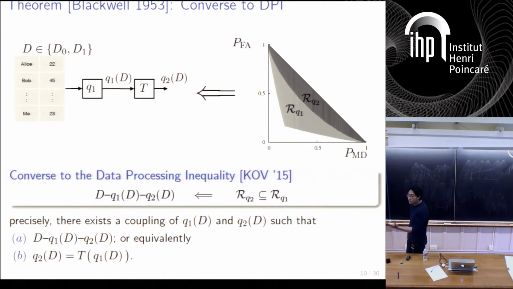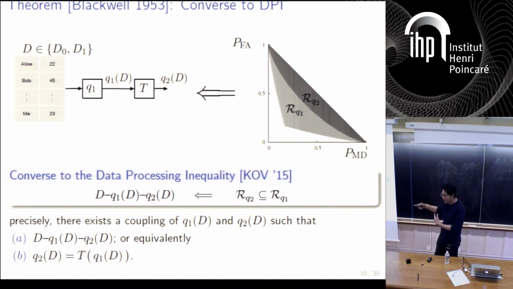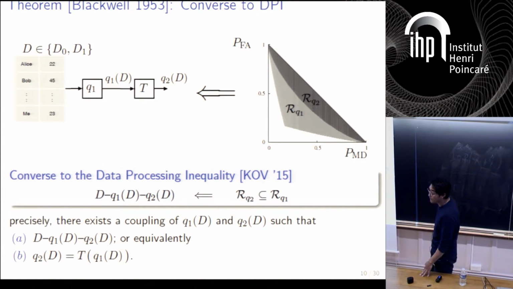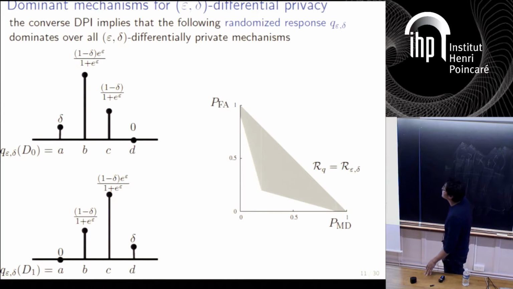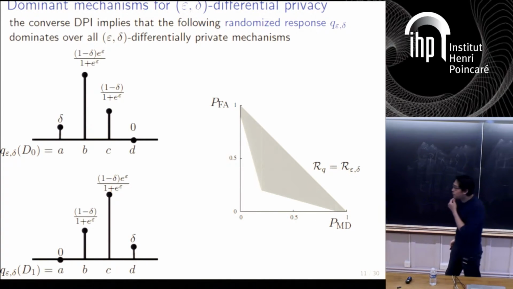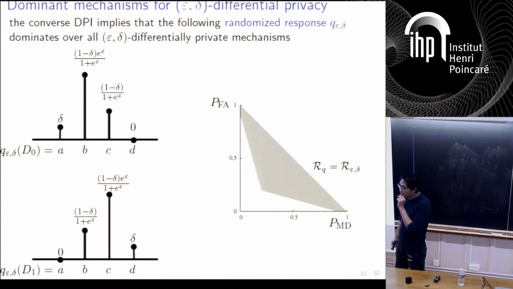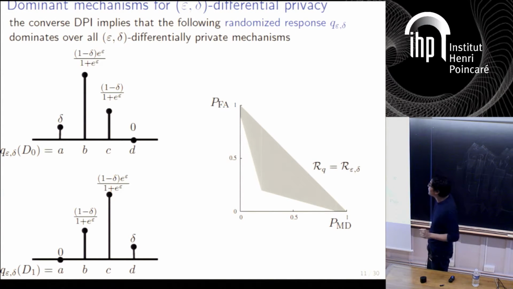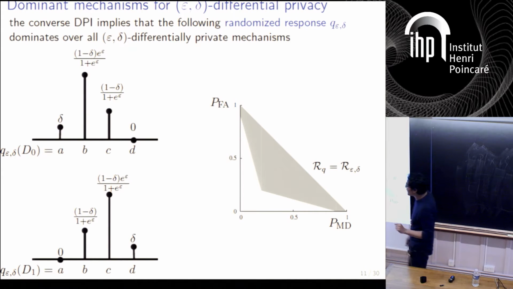So related to your impossibility of a universal mechanism for more than three, I'll get to that and how it intuitively gives similar ideas. All right. And one thing in particular that's going to be interesting is that this gives us something called the dominant mechanism for epsilon 0 or epsilon delta differential privacy. And it looks like this.